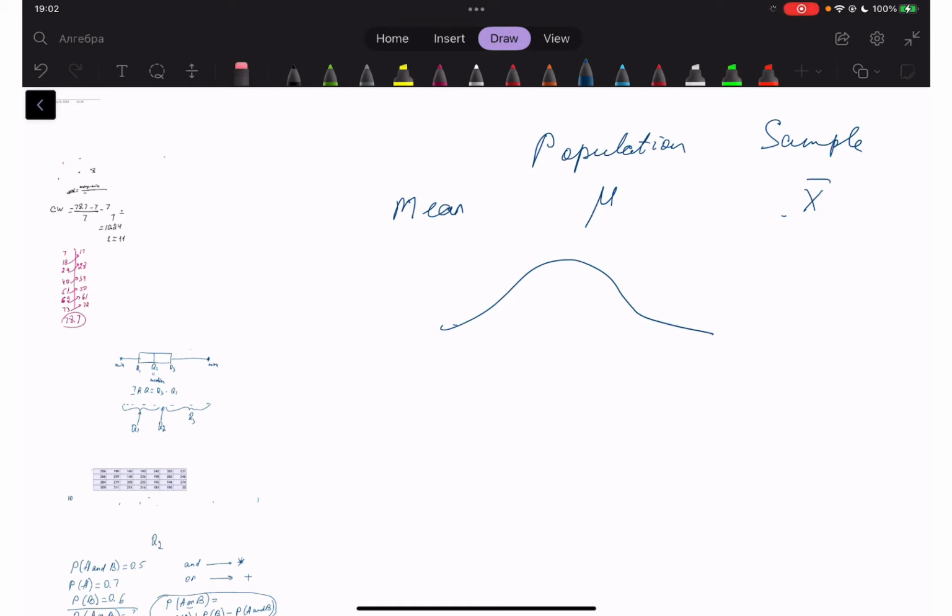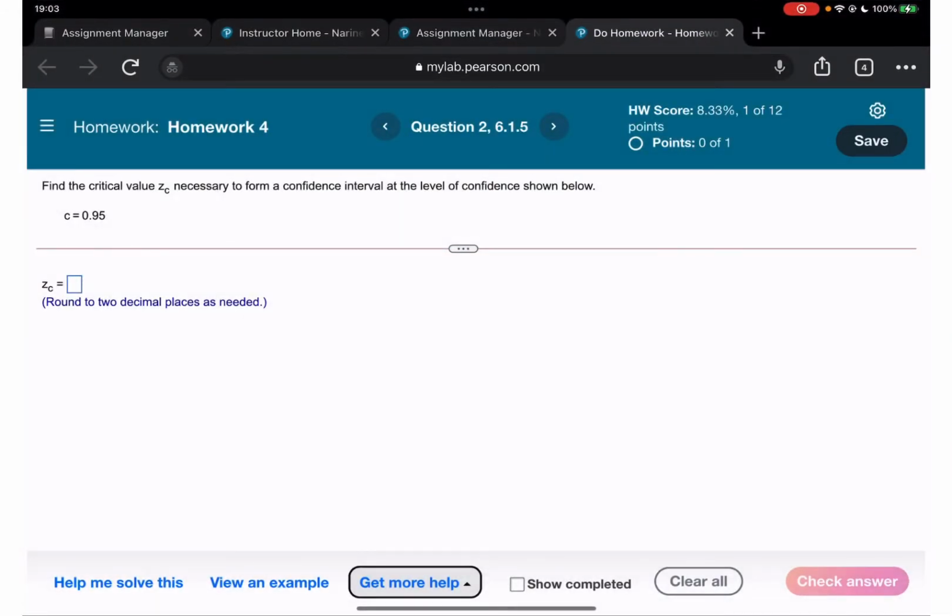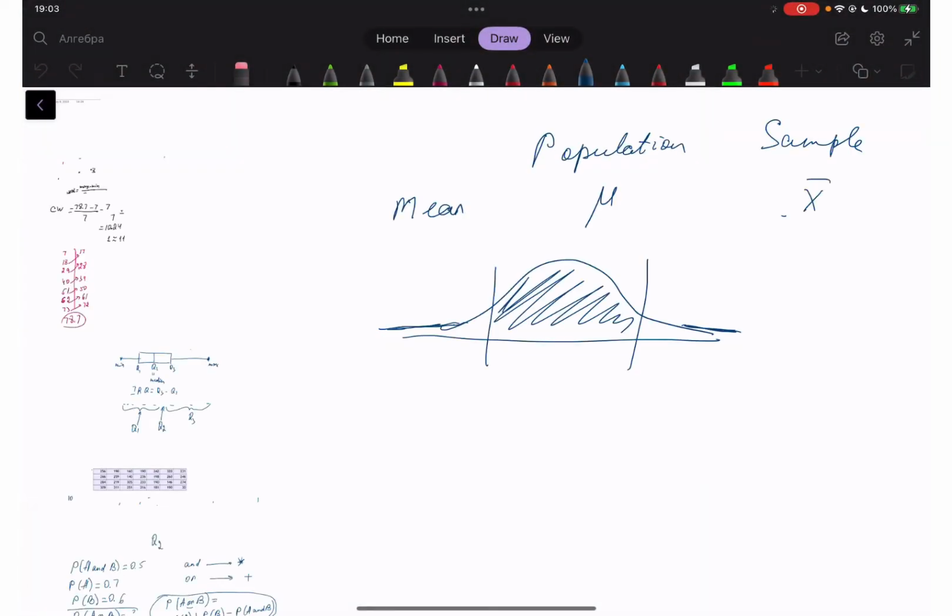Okay, so where the tail comes, you see there is less data the further we go, right? The confidence interval, we are talking about this interval here, where the main data are located. So in our case, it says the confidence interval is 0.95, which means 95%.